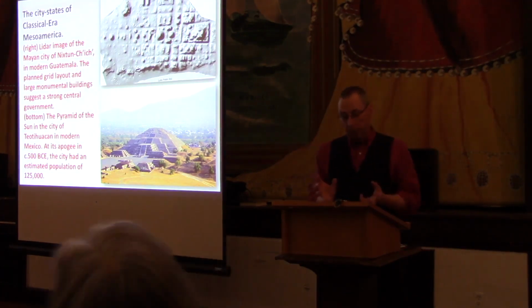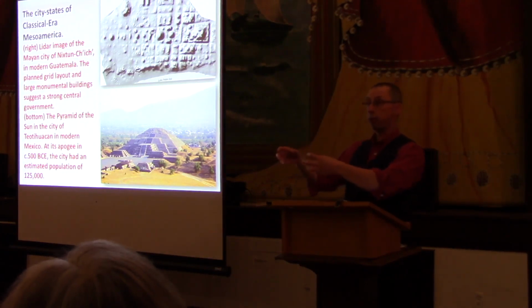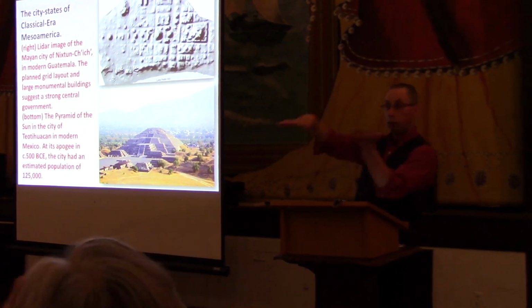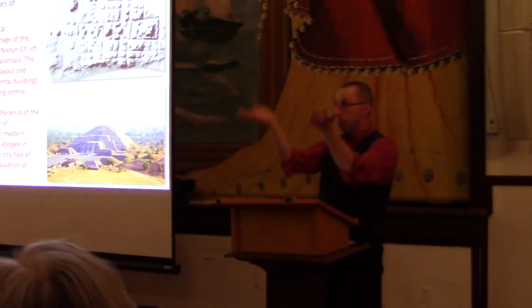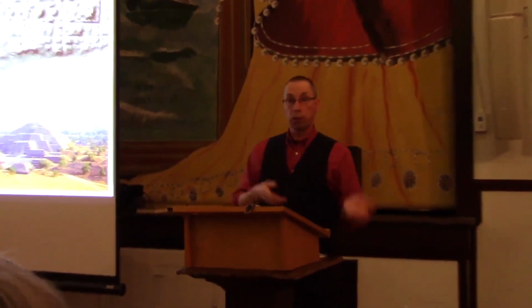There's a lot of common elements. These are city-states, like the city-states in Mesopotamia, with class divisions, with clear-cut social stratification, with a highly sophisticated elite, with the beginnings of literacy, and numerous, I mean, all the stuff.